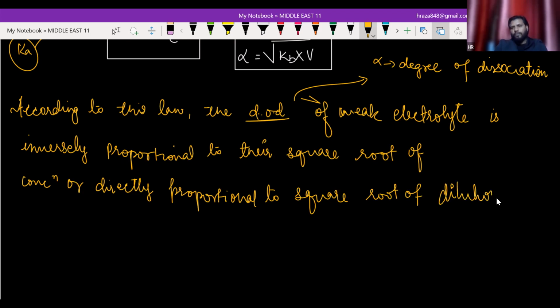The square root of dilution. Just write it. Very good, Arslan. Then I will explain it.